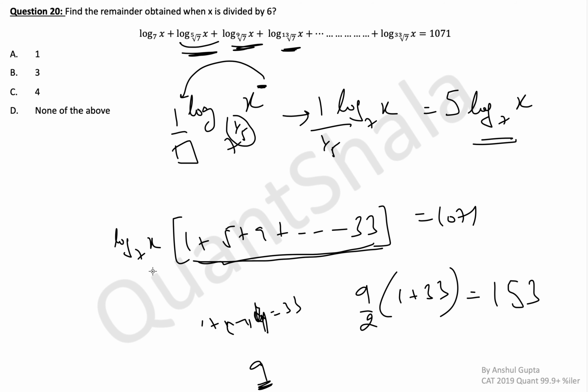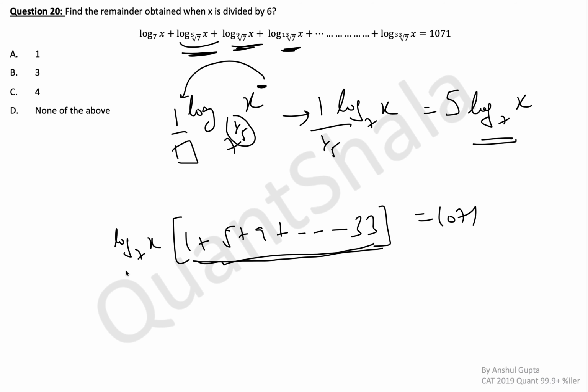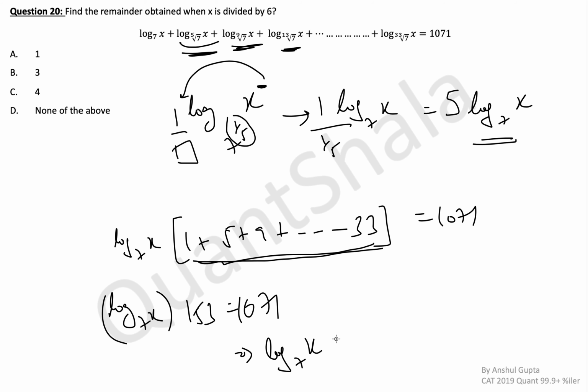So your equation gets reduced to log 7x multiplied by 153 is equal to 1071. This implies log 7x is equal to 1071 divided by 153, which is 7.